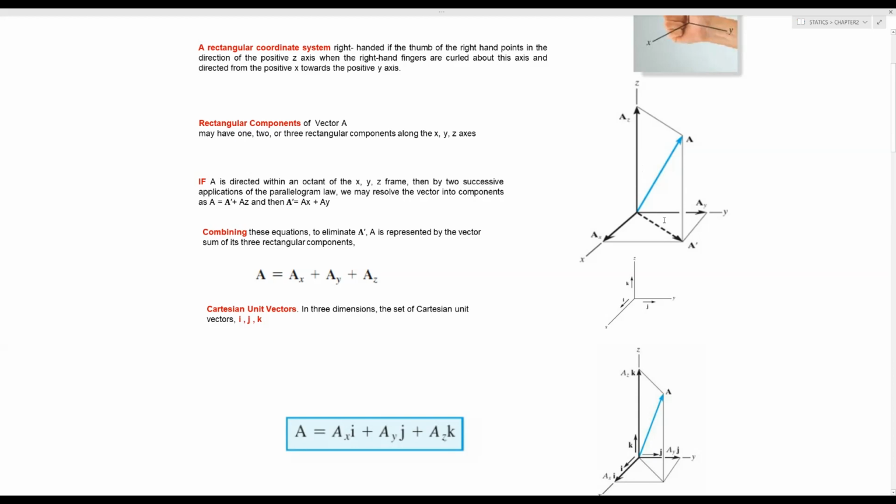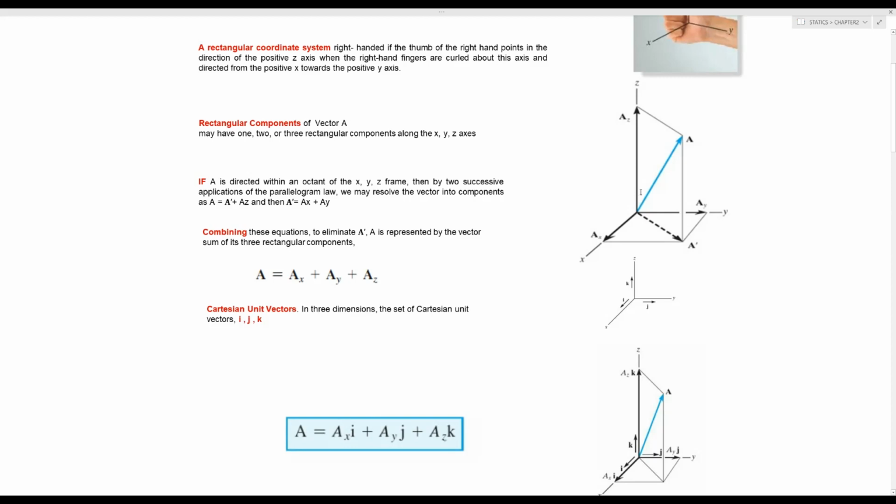This is so if and only if, as you see in this case, the vector A is directed within an octant of the x, y, and z axes. Therefore, by two successive applications of the parallelogram law, we may resolve that vector into components.